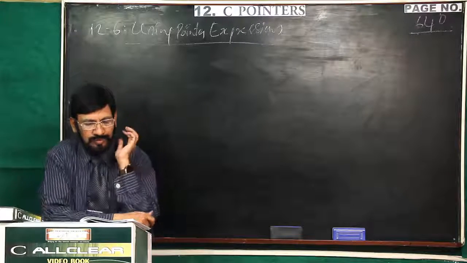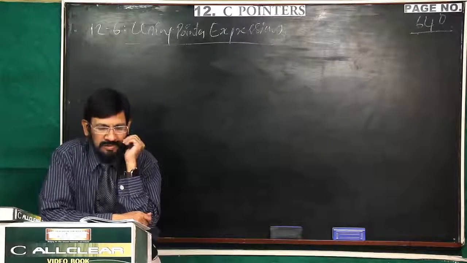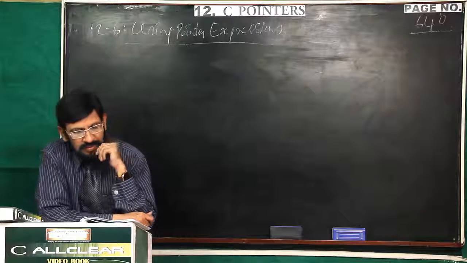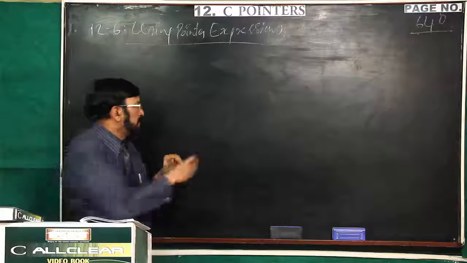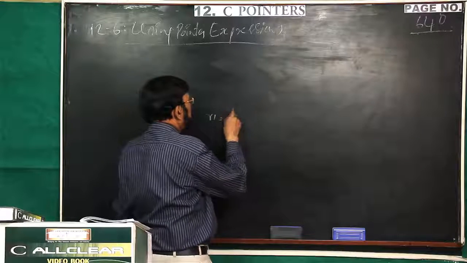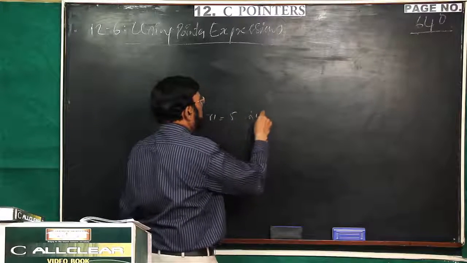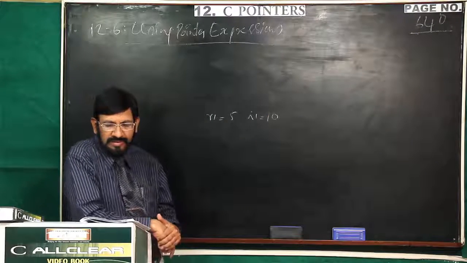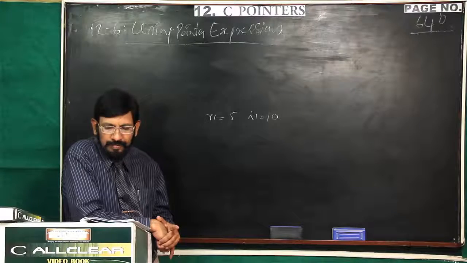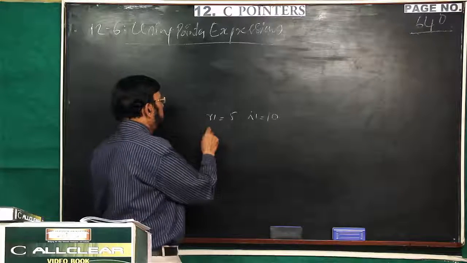Don't worry about that. Now you see, first understand the problem. A cylinder's radius is 5 centimeters and height is 10. Radius 5, height 10. And another cylinder's radius is double that of the first one. Let us name it R2.